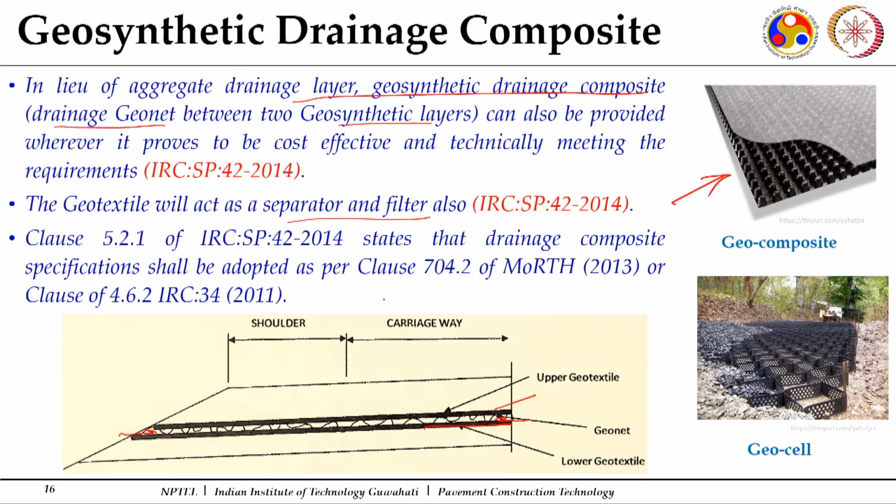So, it serves the purpose of separator and filter, and IRC SP 42 states how that is to be installed. So, nowadays geosynthetics, or combinations of geosynthetics, serving the purpose of filtration, drainage and separation layer, are also becoming popular.